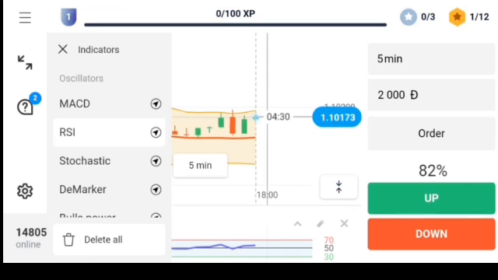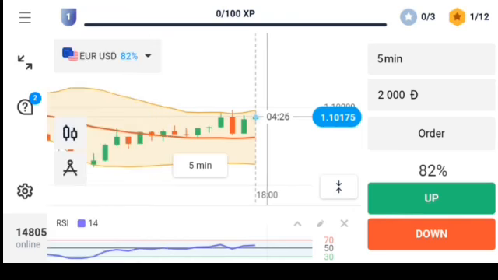Don't tamper with it. So this is it. Bollinger Bands and your RSI.